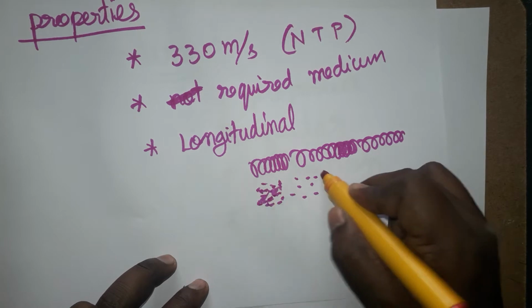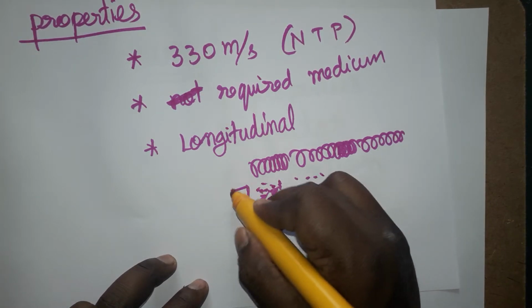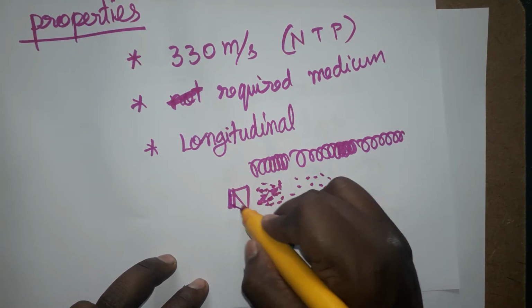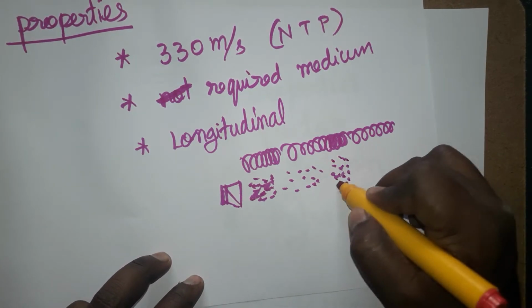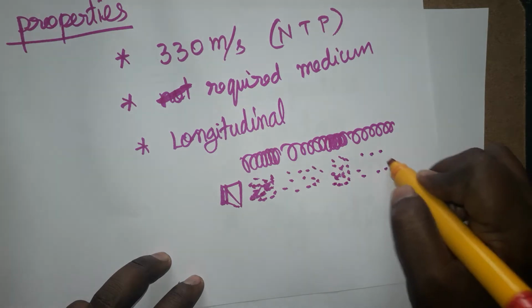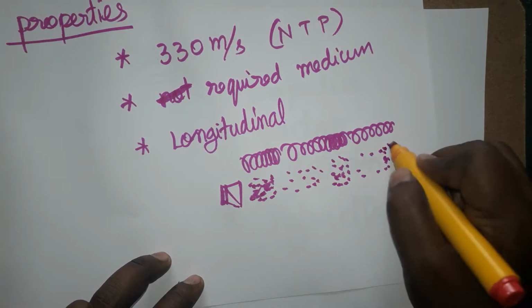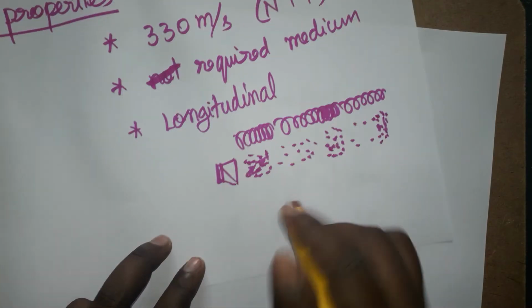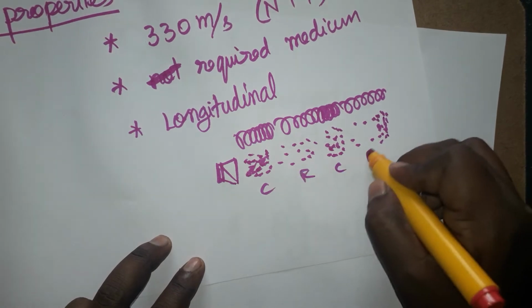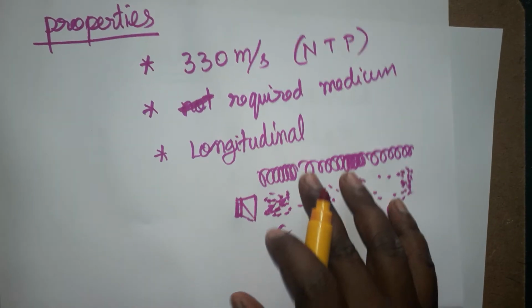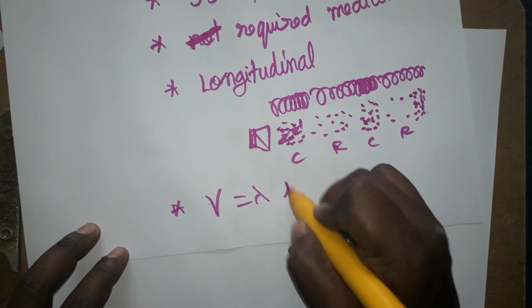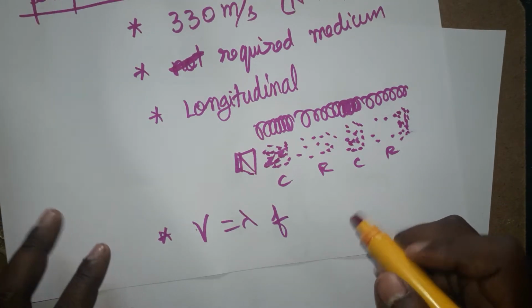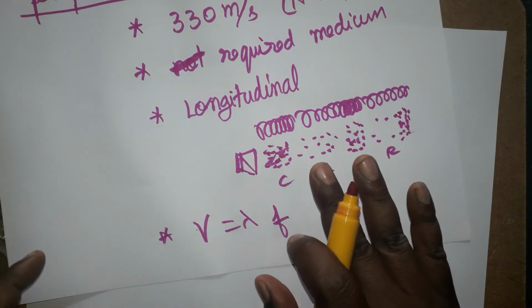More compression occurs when a loudspeaker produces sound. It is called a mechanical wave. Sound wave velocity is equal to wavelength into frequency, and it requires a medium.